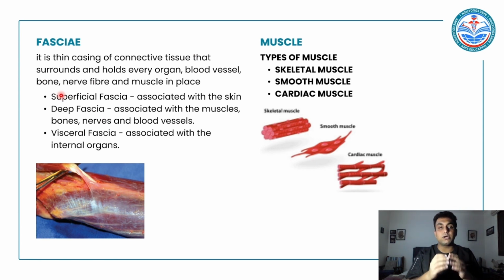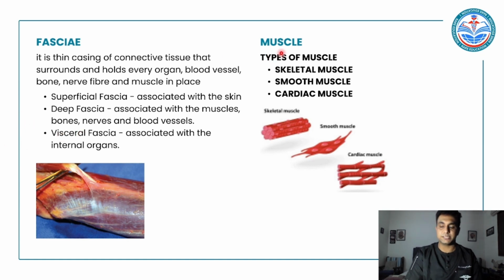Whatever is related towards your internal organs, for example your gut, your heart, whatever internal organs you can think of, we have a visceral fascia. But whatever fascia is covering your muscles, bone, nerve, and blood vessel, it is called your deep fascia. Do not get confused between deep and visceral. A lot of students get confused here. Make sure to make a note and put a star here to remember it again and again.